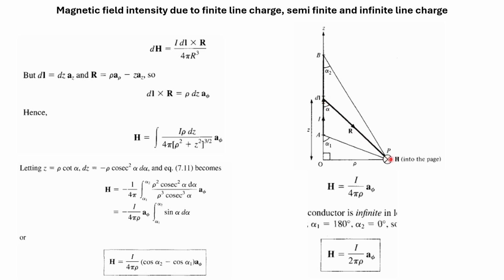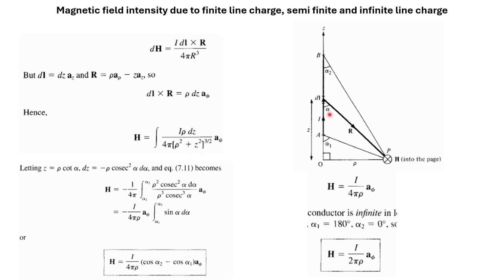P. So as per the Biot-Savart law, we know dH is equal to I dl, the current carried by this small element, cross R, where R is the distance from this element to the point P, divided by 4 pi R cube. Now we find dl cross R, which will be rho dz a phi, and then we replace this value and get I rho dz divided by 4 pi (rho square plus z square) to the power 3 by 2.